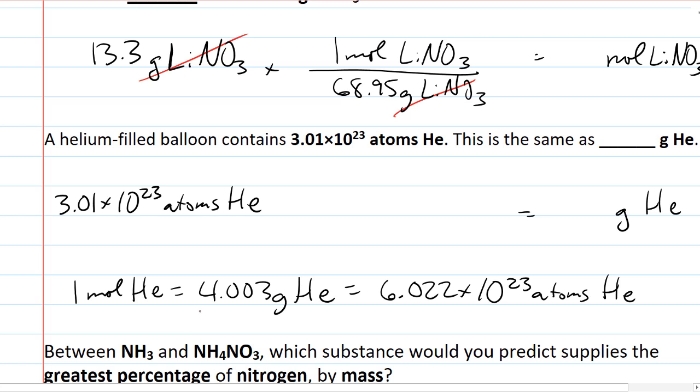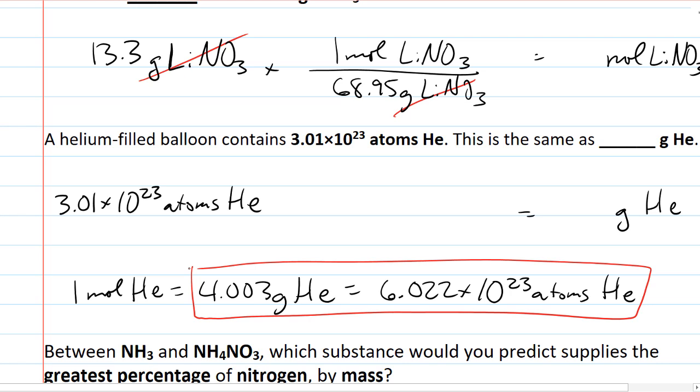We need grams and atoms. So we need these 2 right here. We then place them into the problem. On the bottom we'd put in 6.022 times 10 to the 23rd atoms of helium. On top we'd put in 4.003 grams of helium.